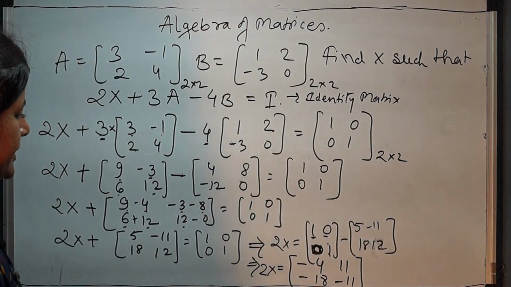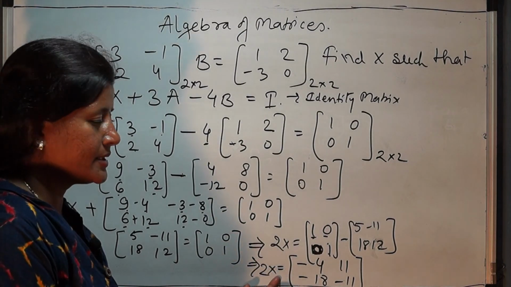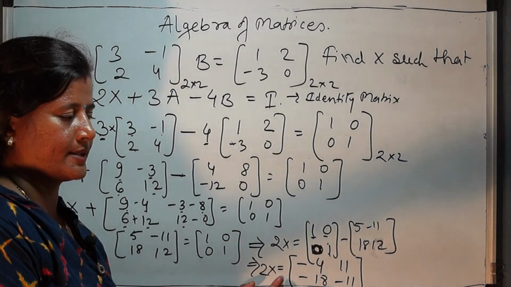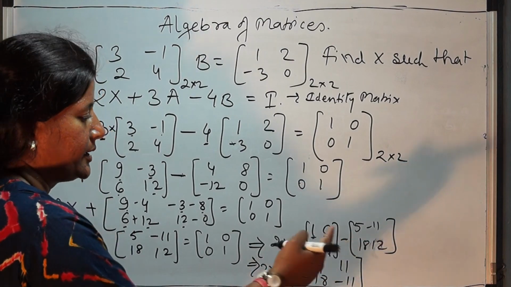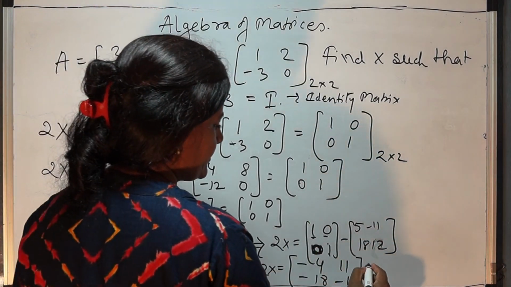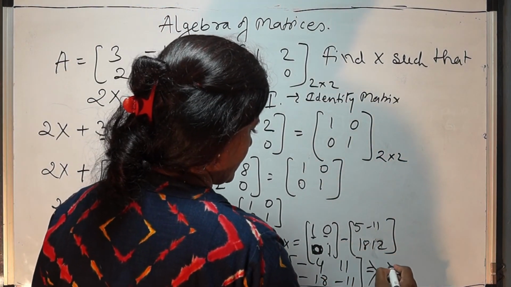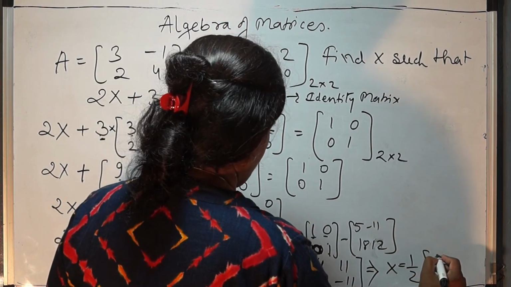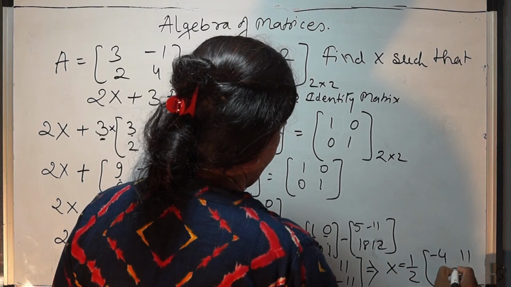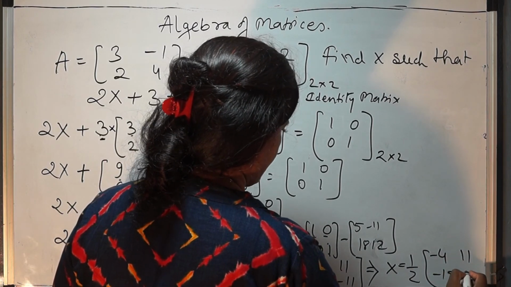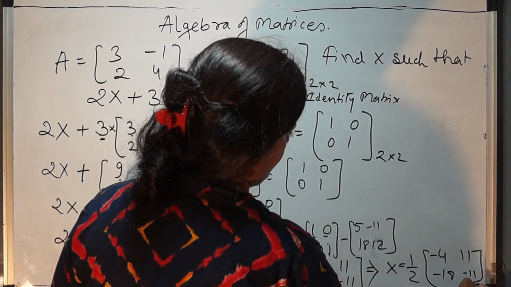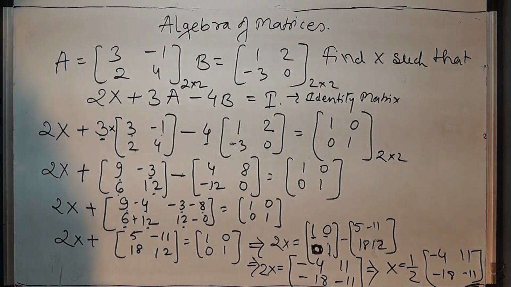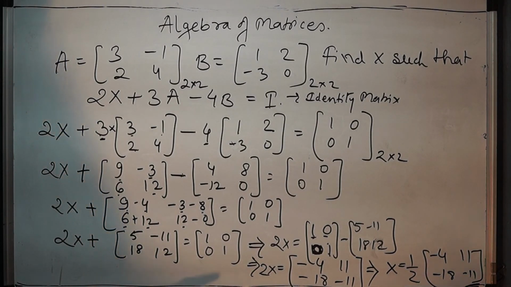Okay, now this 2x means what? 2 into x. When this 2 goes here, it will come in division. So x is equal to 1 by 2 of minus 4, 11, minus 18, minus 11. So this is the answer. Understood everybody? What we did?